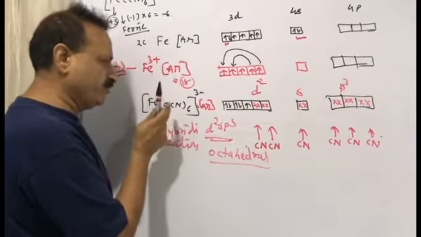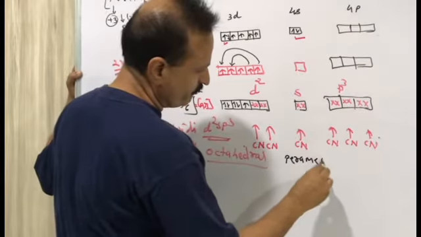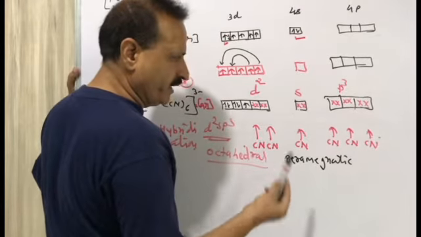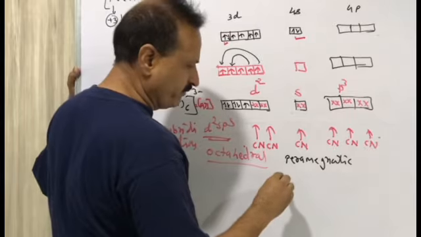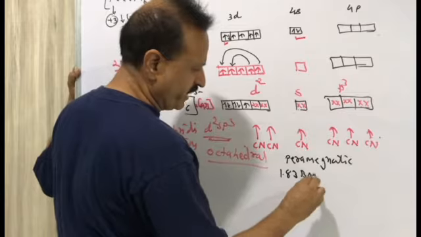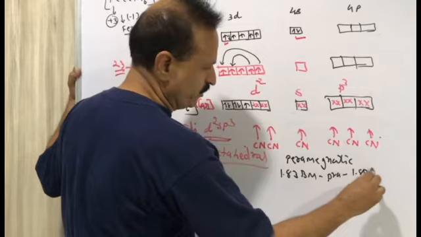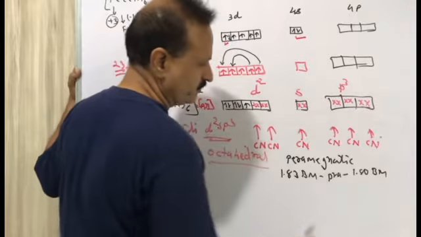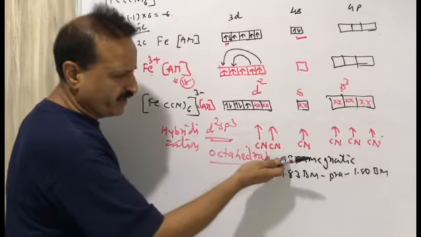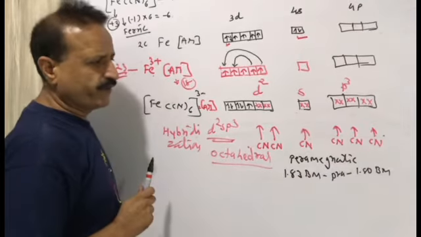Magnetic property of this one will be paramagnetic, and its theoretical value will be 1.83 Bohr magneton, and practical value will be 1.80 Bohr magneton. So both values have a little bit of difference.